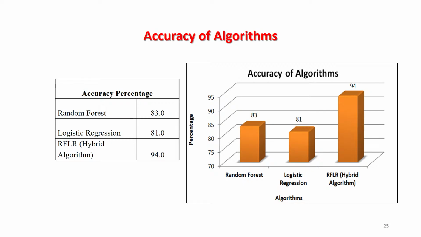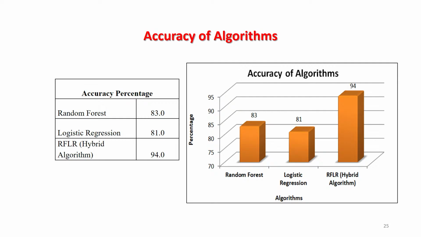So finally we can conclude this research work, how much the accuracy of the algorithms is identified through this research work. The random forest accuracy is 83%. Logistic regression accuracy is 81%. But the hybrid algorithm yielded 94% accuracy.